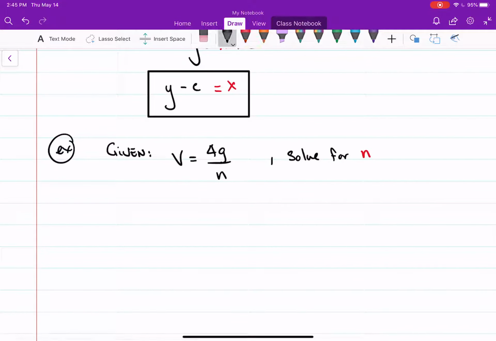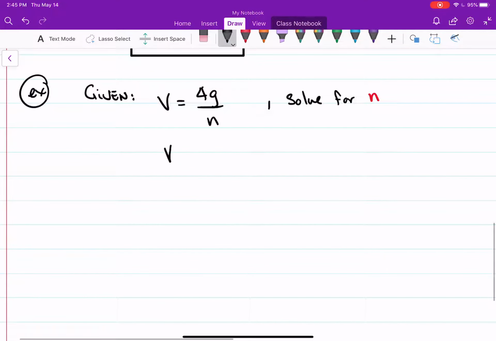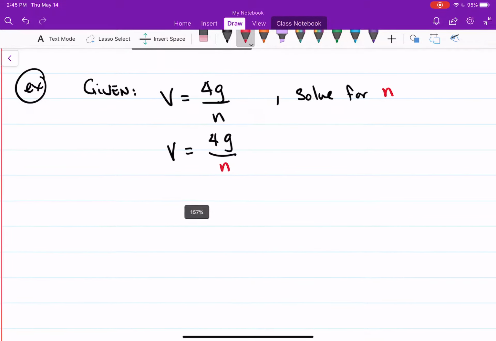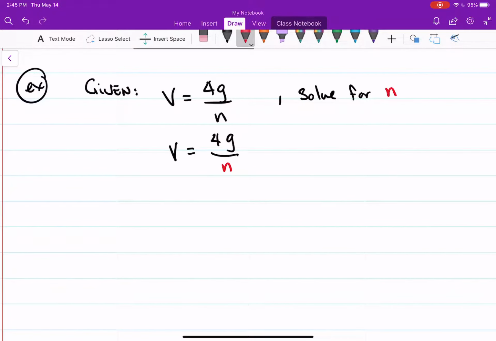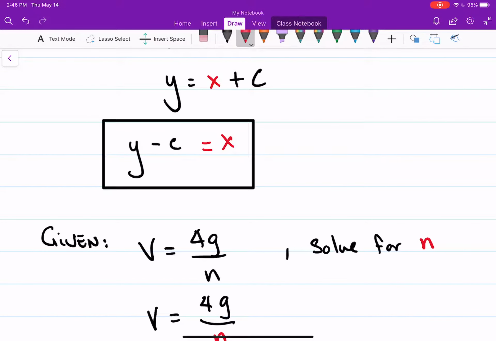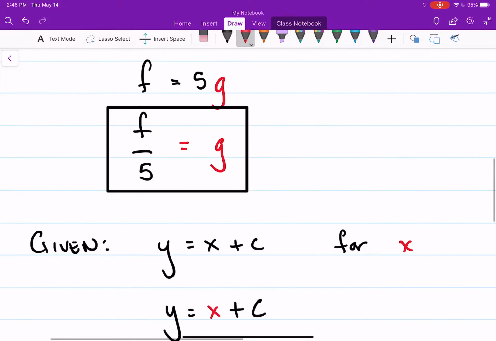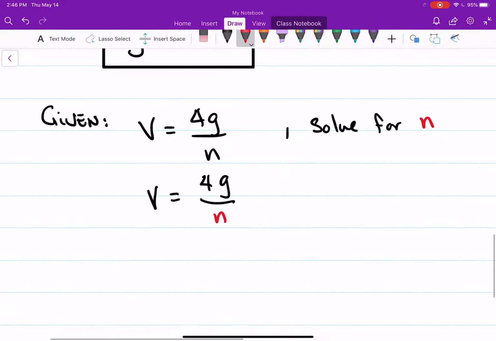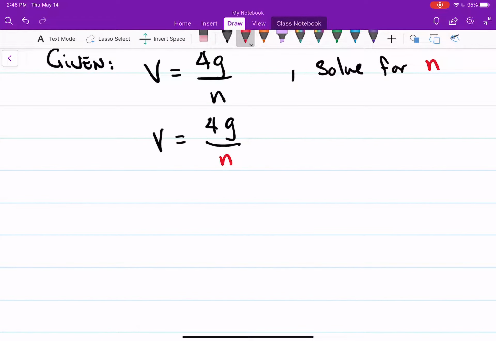In other words, I want to rewrite this as v is equal to 4g over n, and I've got to get n by itself. So this problem, number one, n is in the denominator, so I've got to get it moved to the numerator, because everything that I solve for is basically the numerator. Remember how when we're solving, we want 1x or 1g, right, positive 1. Same thing here. So I've got to get it into the numerator.